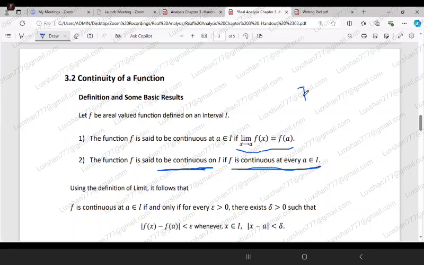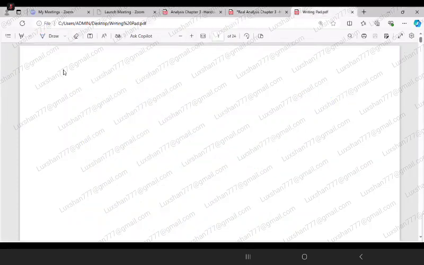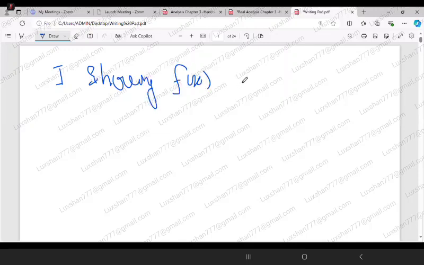There are two things. One is showing f(x) is continuous at x equal a, where a is a particular value.